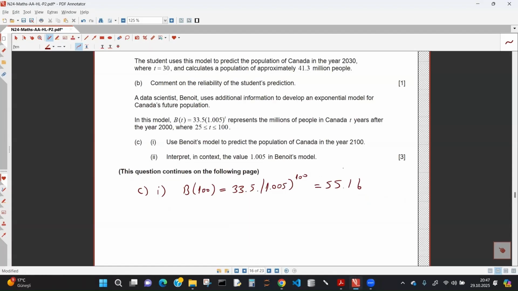Interpret in context the value 1.005 in Benoit's model.